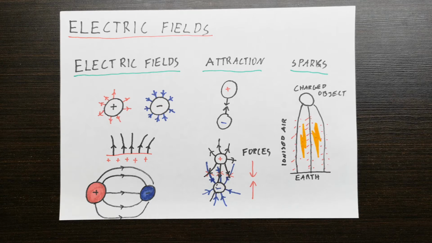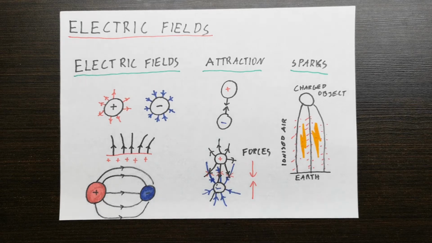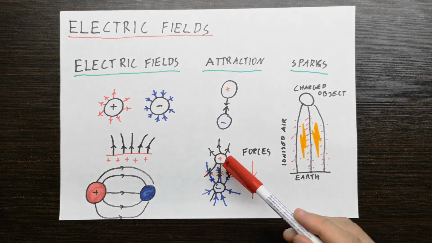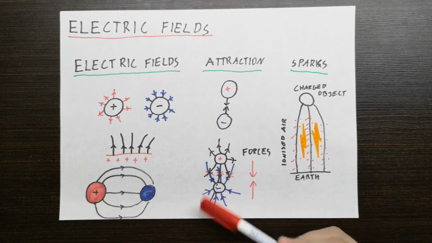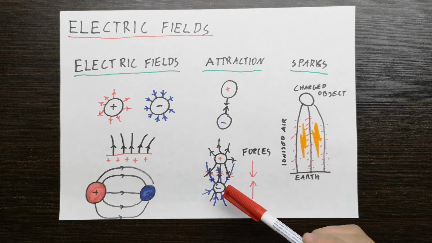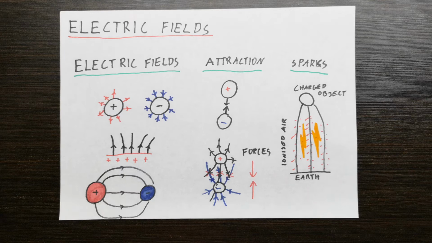Well, as we can see, if we have two objects, initially their electric field lines will collide, because we have a positively charged object here with electric field lines going outwards, and we have a negatively charged object with field lines going inwards to the object. But at these points here, the electric fields will collide.